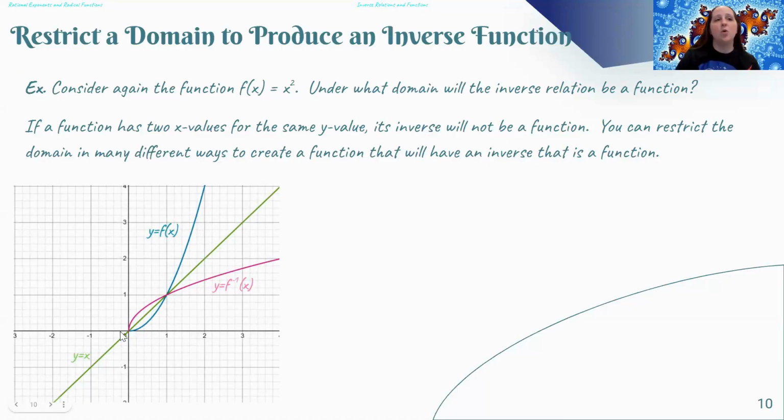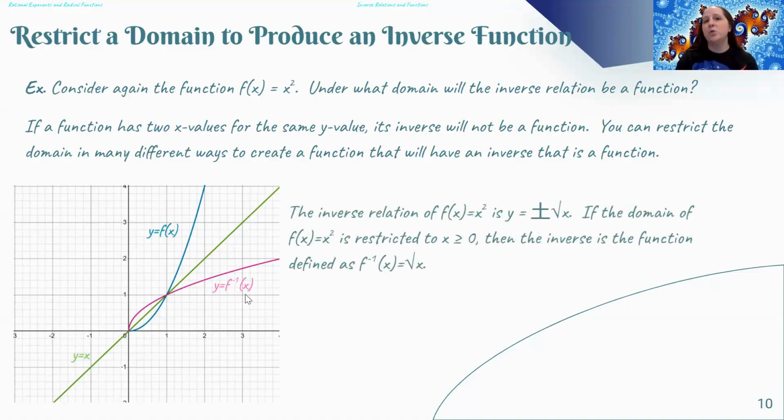So this whole y equals f of x, where f of x equals x squared. Okay, so that blue line would just continue like a normal parabola. But if I'm graphing it over the line y equals x and I still want it to be a function, I'm going to have the inverse of x, but I'm going to restrict that domain. Okay, so the inverse relation of f of x equals x squared is y equals plus or minus the square root of x.